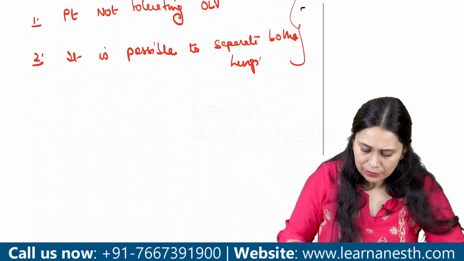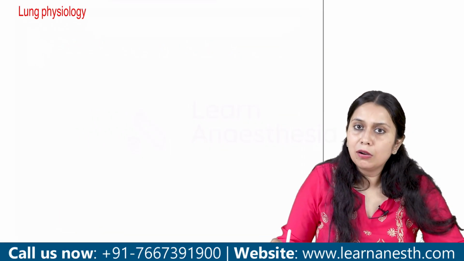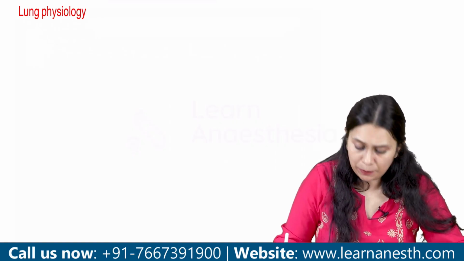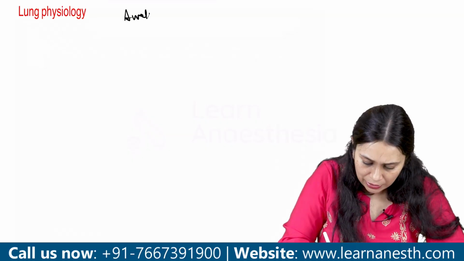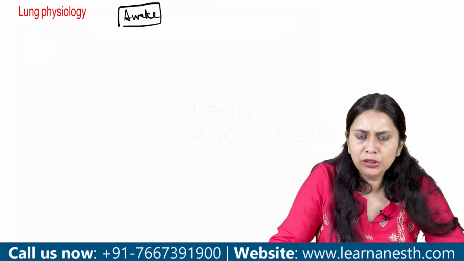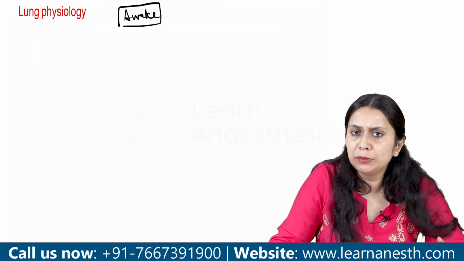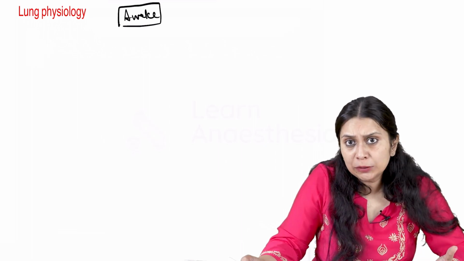So first, let us talk about lung physiology in an awake patient. This awake patient could be in any posture. The patient could be supine, prone, or in the lateral decubitus position.